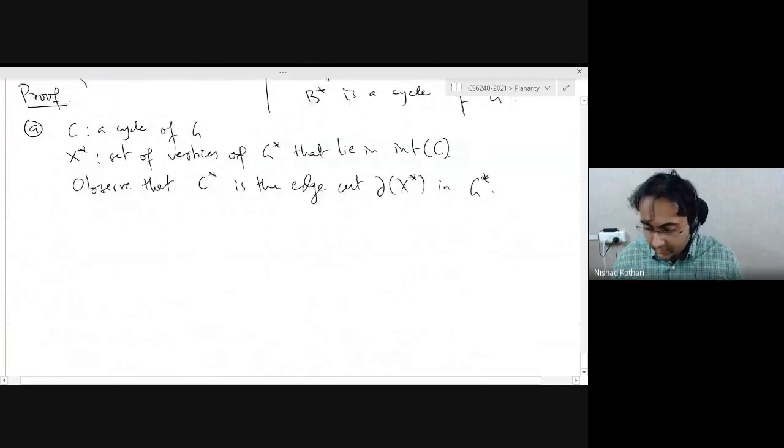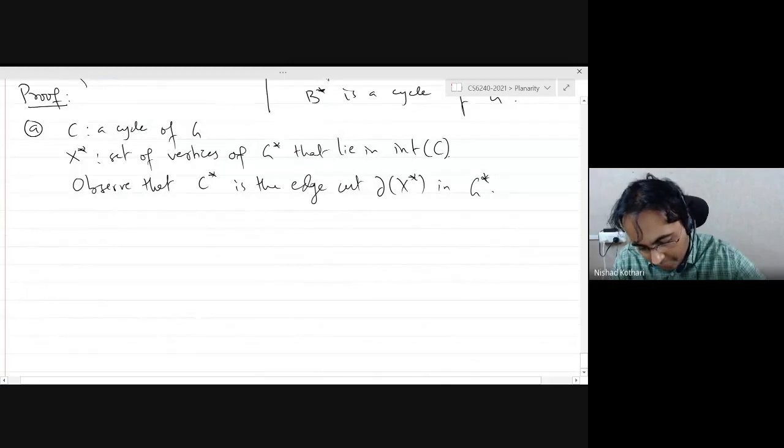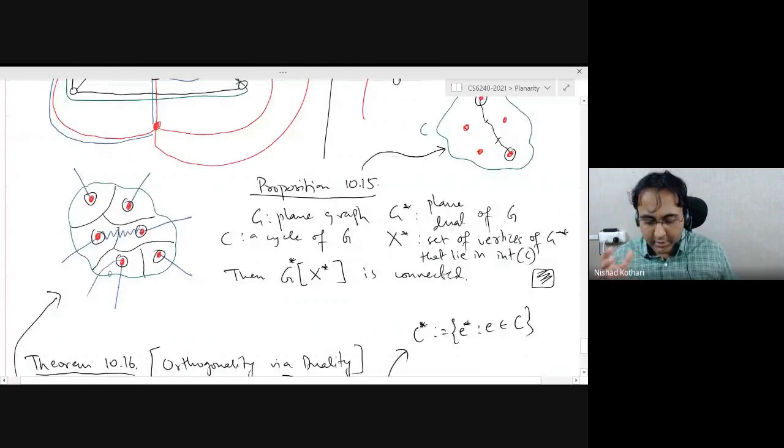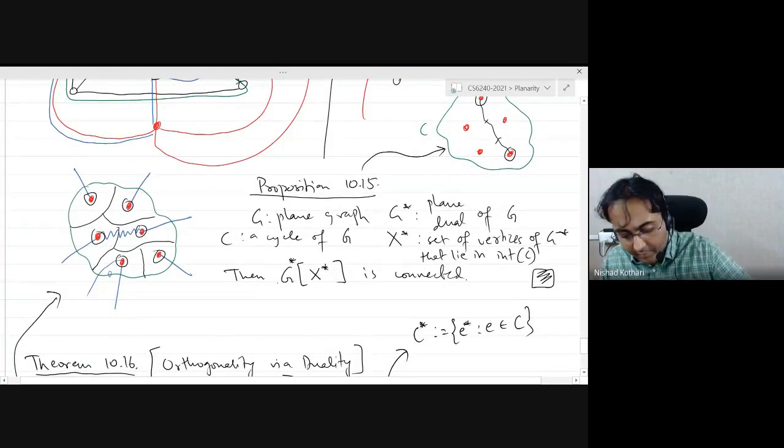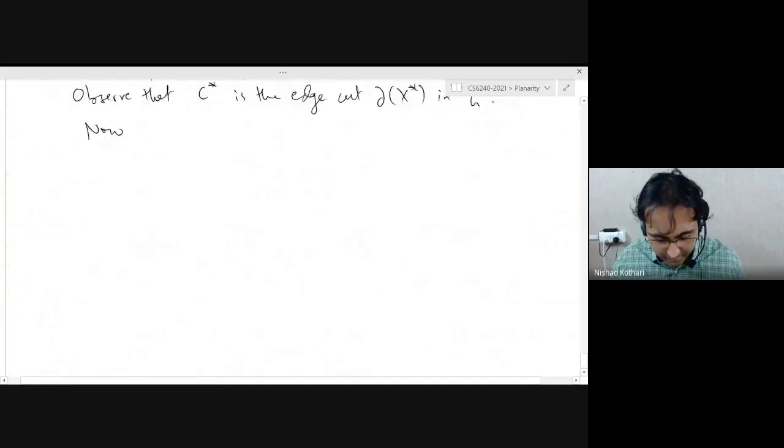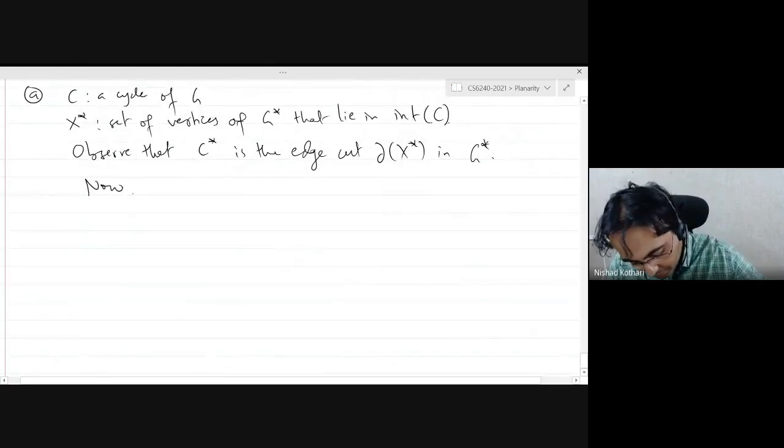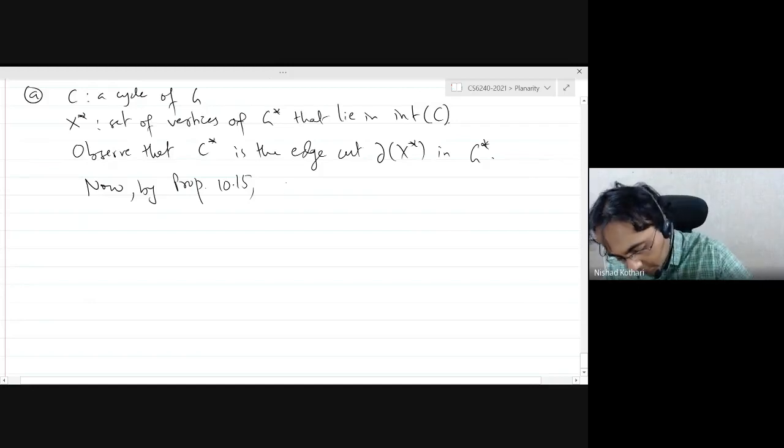So it is a cut, and now, since the interior is connected by proposition 10.15, and notice that the interior and exterior are the same, we have discussed this before, the exterior is also going to be a connected subgraph. Since both of them are connected, the cut is a bond. By proposition 10.15, the graph induced by these vertices is connected.